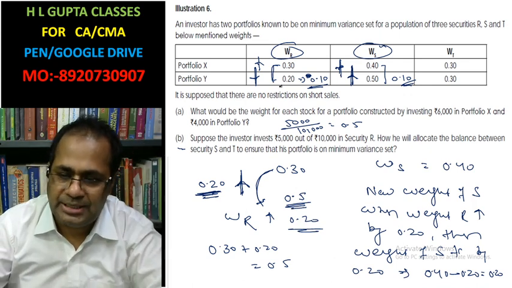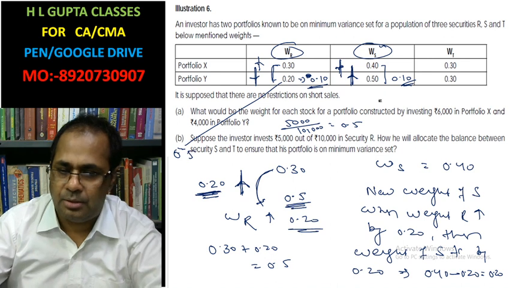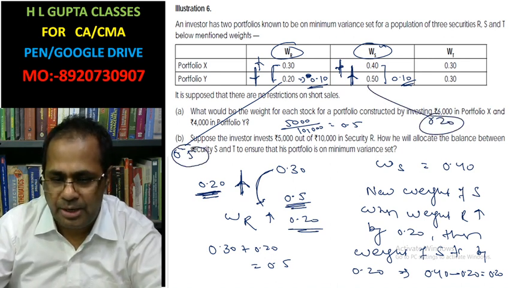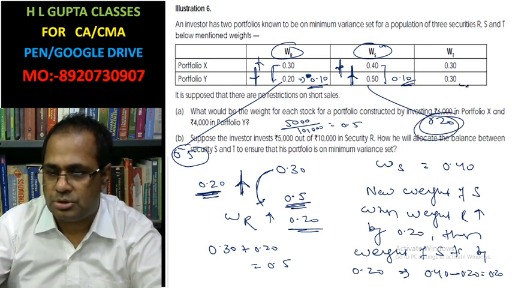If the weight of this is 0.5, then weight of this will be 0.20, and of course 0.30 is here.